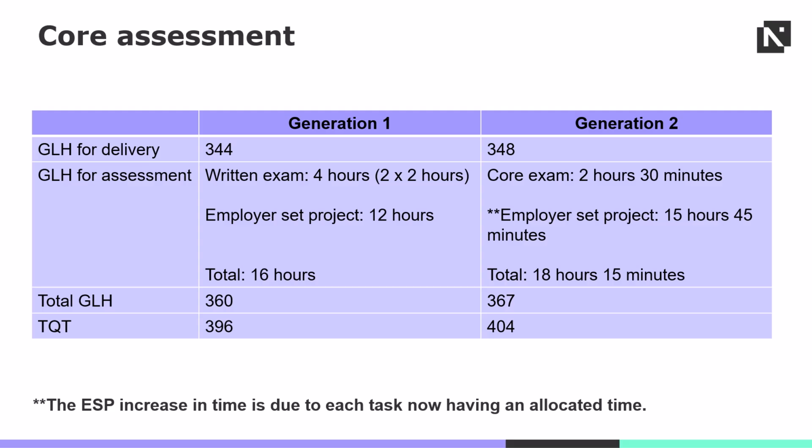However, the Employer Set project has increased to 15 hours and 45 minutes, bringing the total assessment time to 18 hours and 15 minutes. The increase in ESP time is explained in the note below the table. It's due to each task now having a clearly allocated duration, therefore improving structure and fairness in assessment delivery.